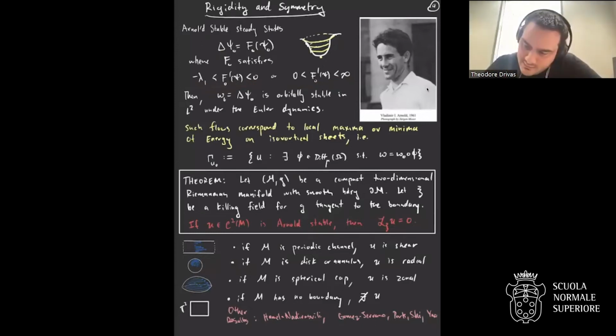And these families of steady states were identified by Arnold from a geometric consideration. They actually correspond to minimizers or maximizers of the kinetic energy on isovortical sheets. Rather, you could think of on a set of velocity fields whose vorticity is related by a diffeomorphism to the given steady states.